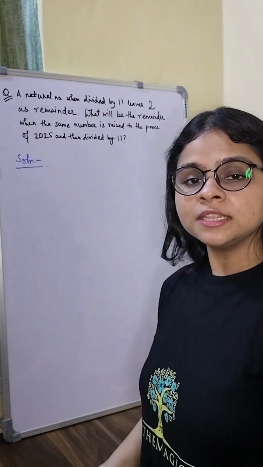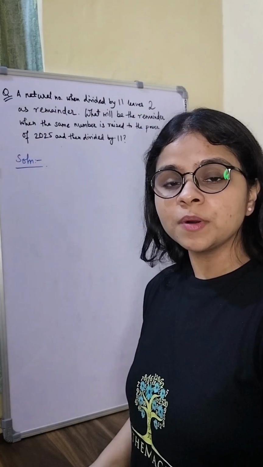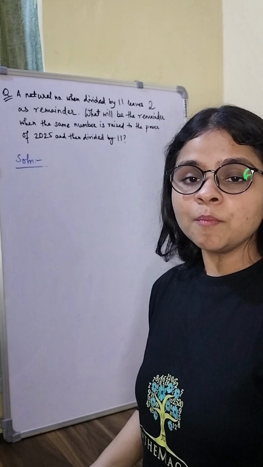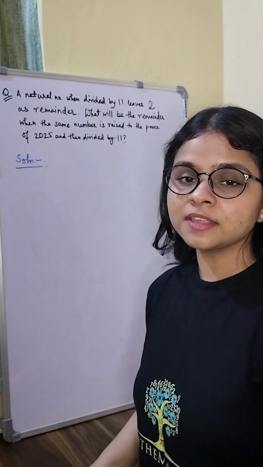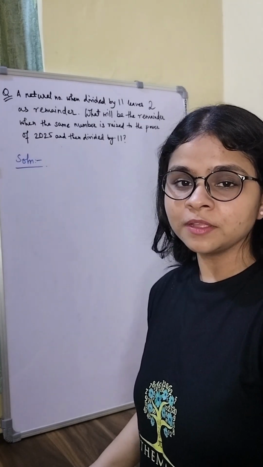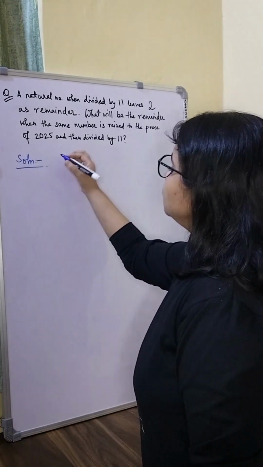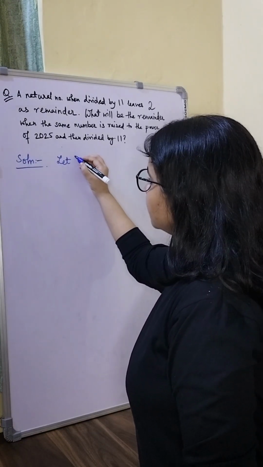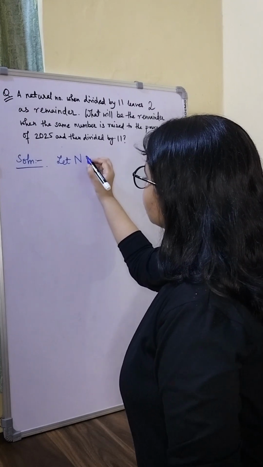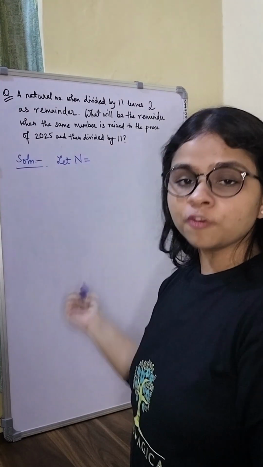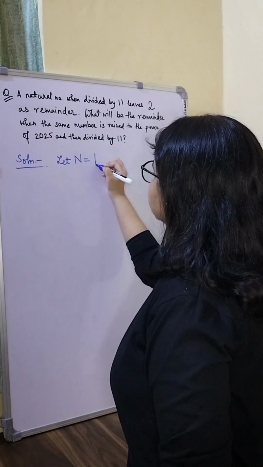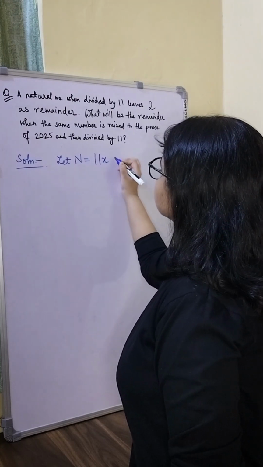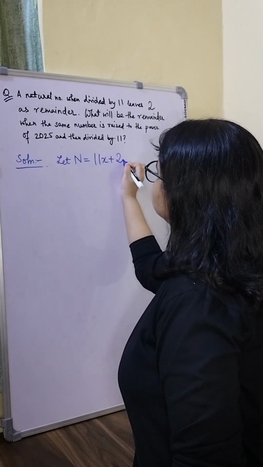The information that we have about this number is that when divided by 11 it gives us a remainder of 2. Okay? So now we can say, let this number be n, capital N. So capital N is of the form 11x plus 2.